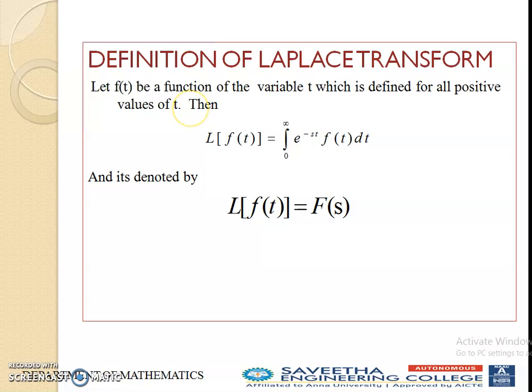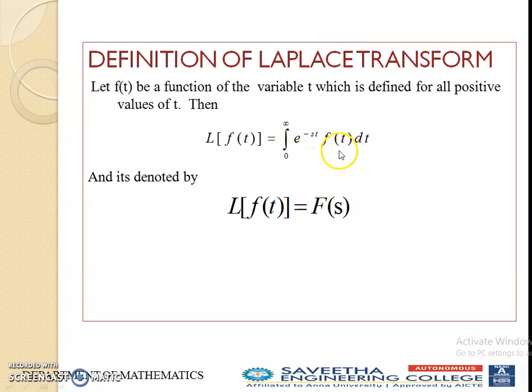Let f of t be a function of variable t which is defined for all positive values of t. Then L of f of t equals the integral from 0 to infinity of e power minus st f of t dt. So this is of exponential order.